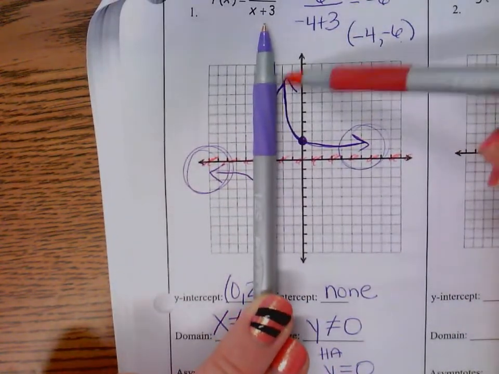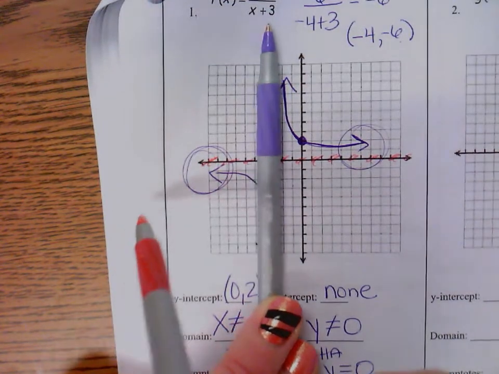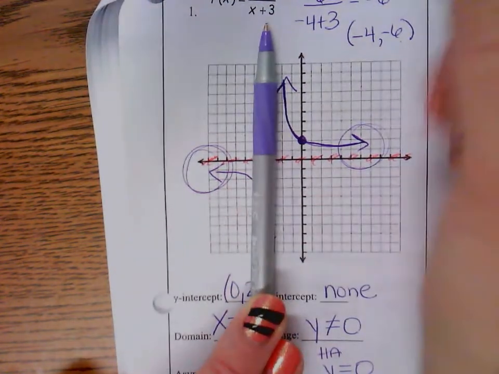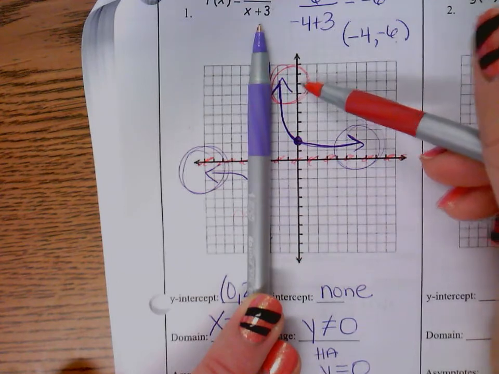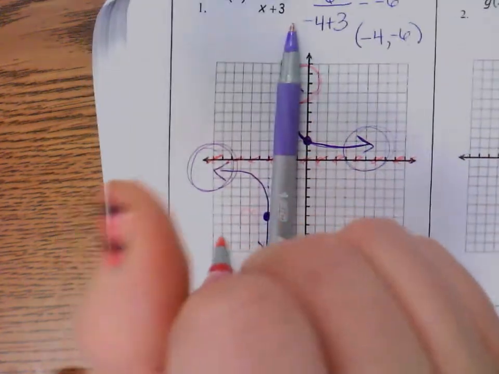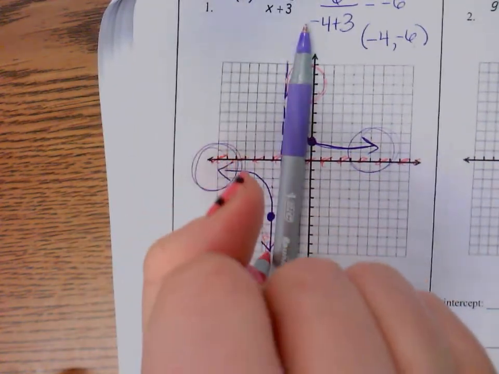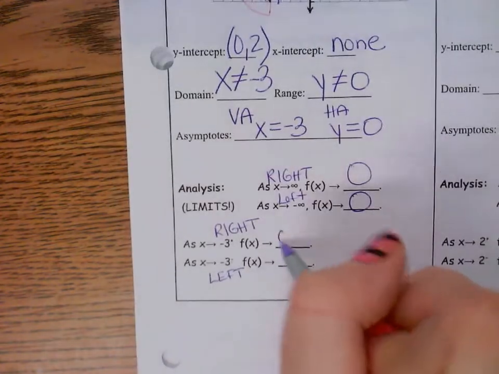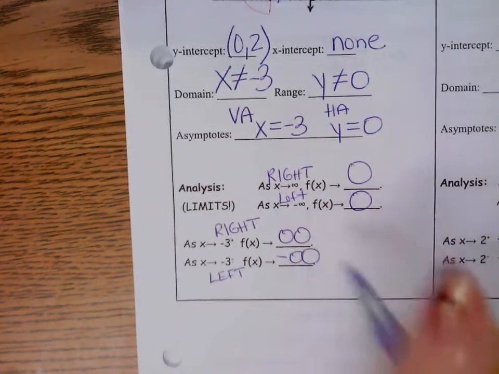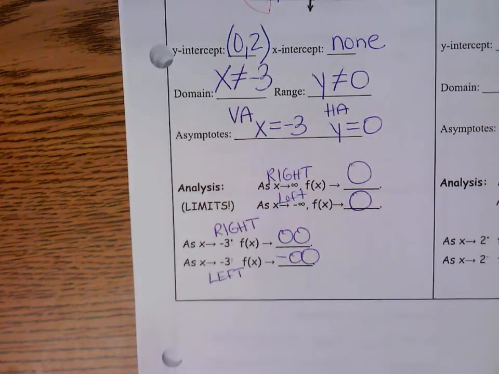This is to the right and this is on the left. So on the right side of the asymptote, it's going up, and on the left side of the asymptote, it's going down. So on the right, it's going towards positive infinity, and on the left, it's going towards negative infinity. They're just asking you, where do all those arrows point to, basically? It's just the notation that's kind of tricky.